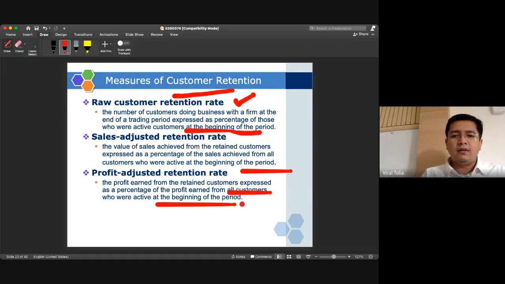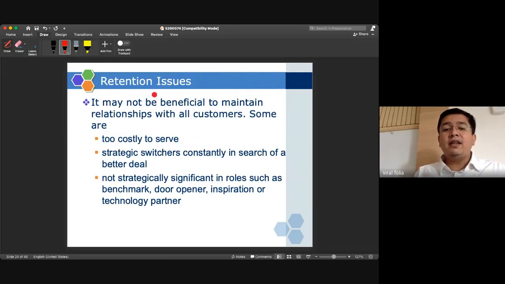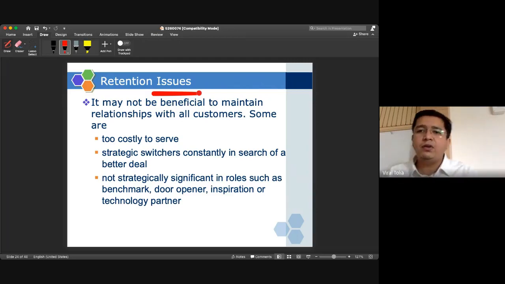Now, there are certain issues also related to retention. It may not be beneficial to maintain a relationship with all the customers at the same time. See, try to understand and never make this blunder. From the marketing perspective point of view, you should never try to connect to all of them 24/7. Even if you are doing it, you are not making any sense in the quality aspect.